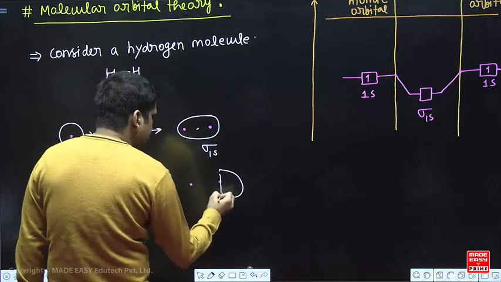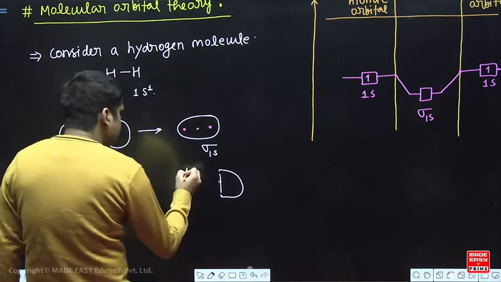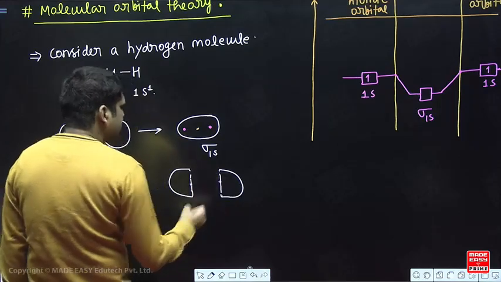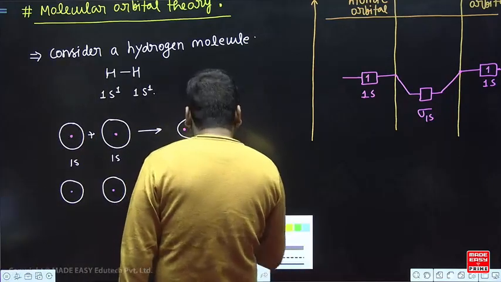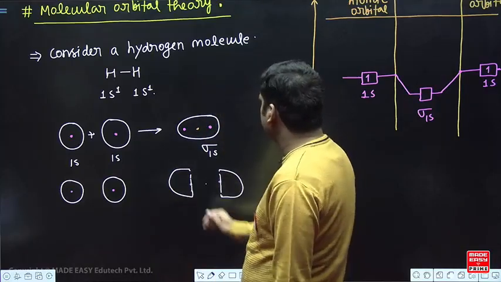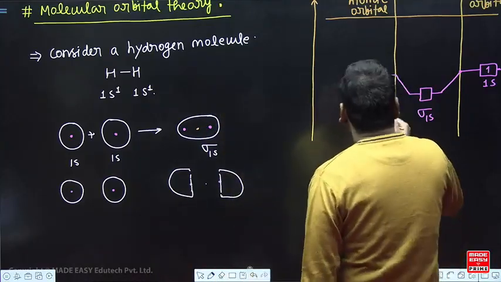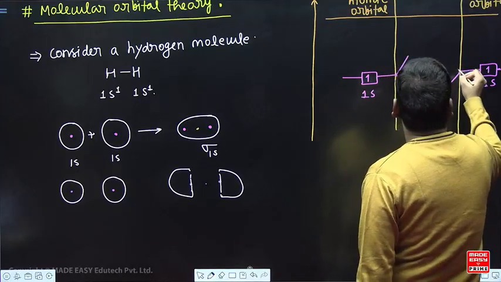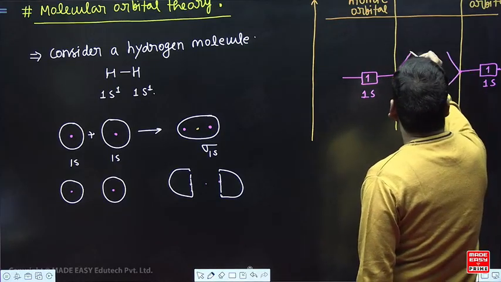This will go this side. This will repel this, so this will go this side. They will not come in the region in between. So the effective positive charge would be somewhere here, and electrons are far away from the effective positive charge. And if the distance of the electron from the effective charge increases, then the energy should increase.